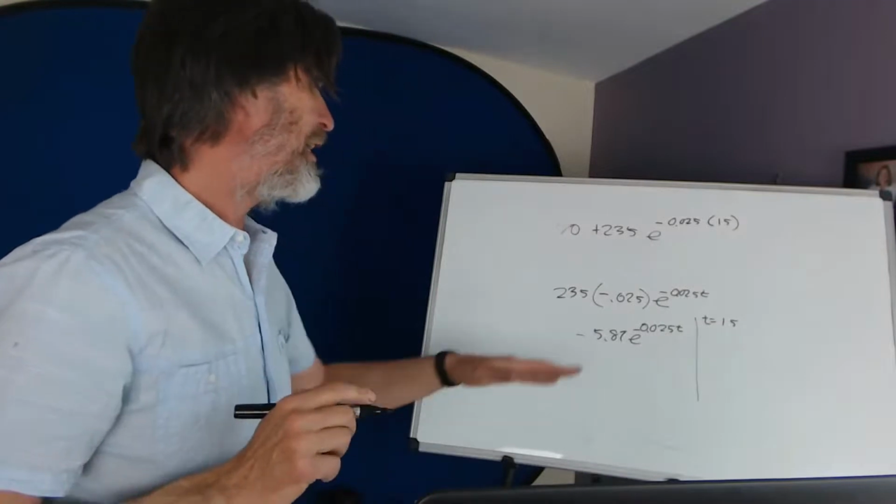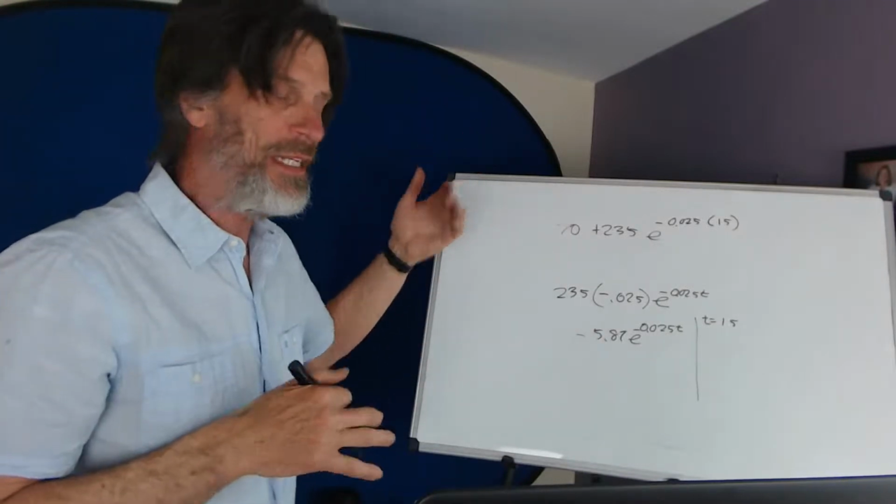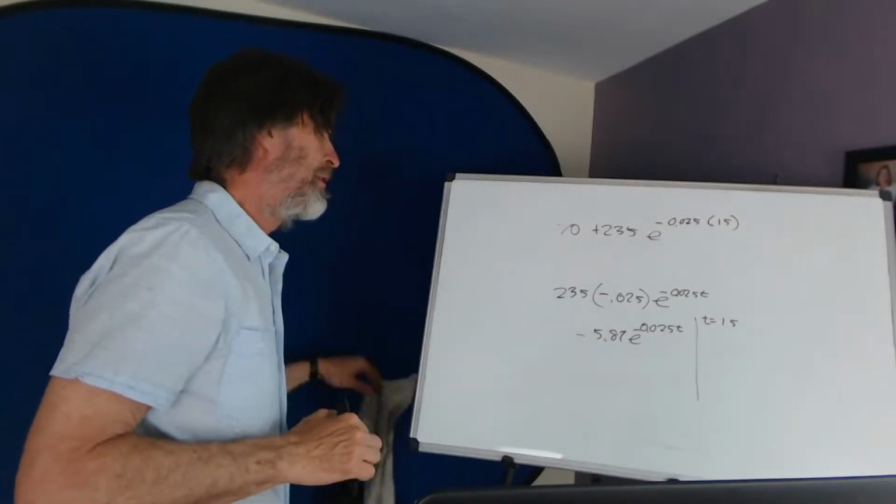That'll be the number we're going to get, and it's got to be negative. The temperature's coming down after it's taken out of the oven.